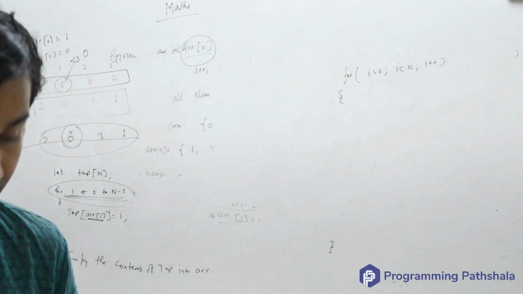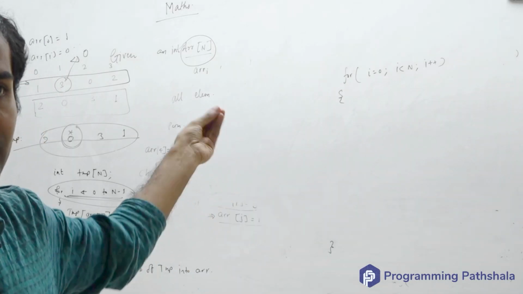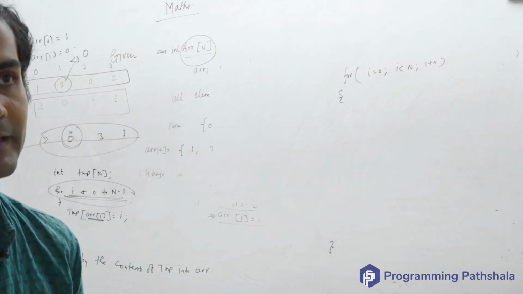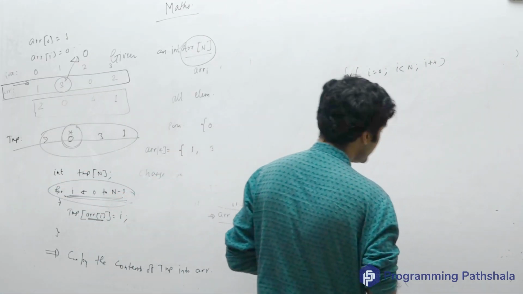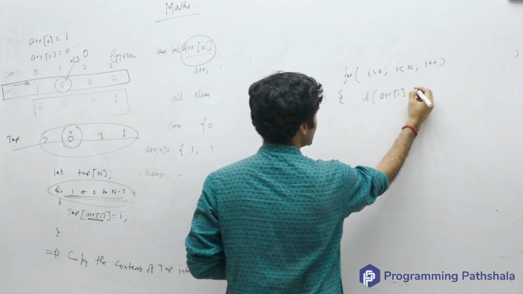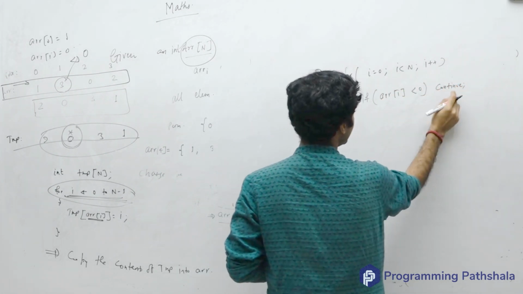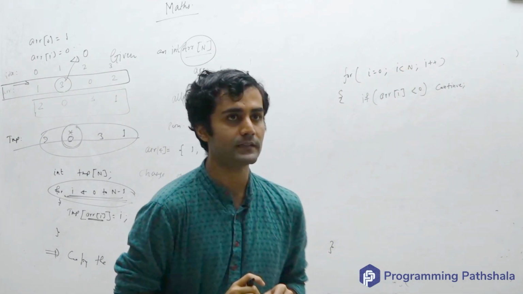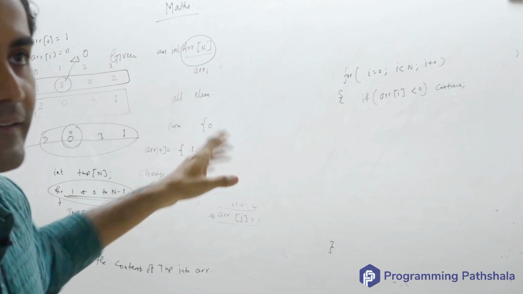If an element was a part of a previous cycle, then the value at array i should be negative. So if I see that array i is negative, I can simply ignore it and move ahead. So can I write this code: if array of i is negative, then simply continue. Don't do anything, simply continue on to the next iteration. Is this clear to everyone? This is a very simple thing, right?